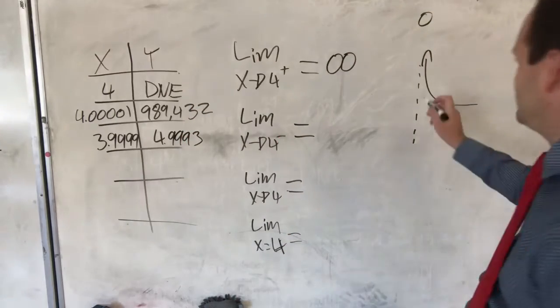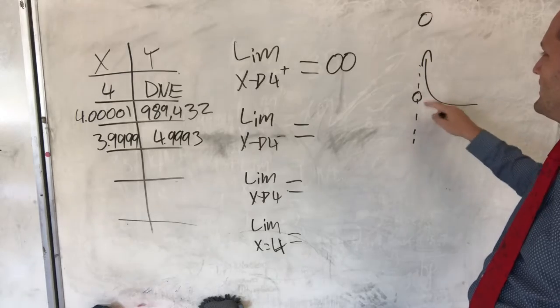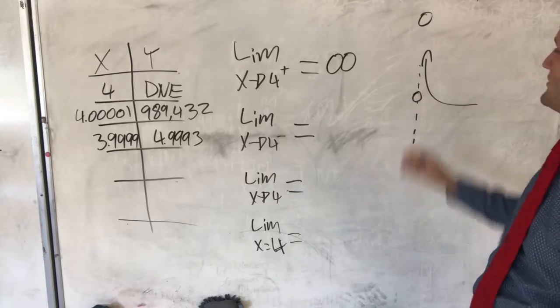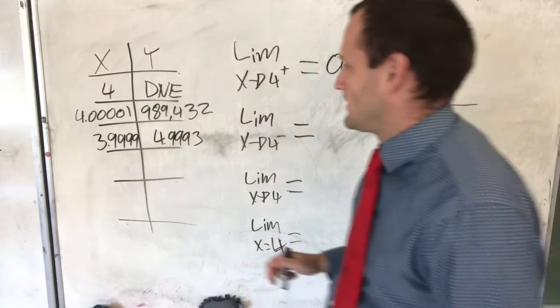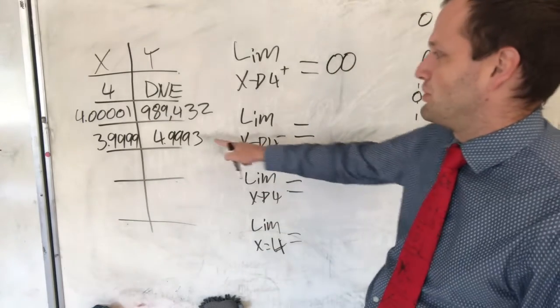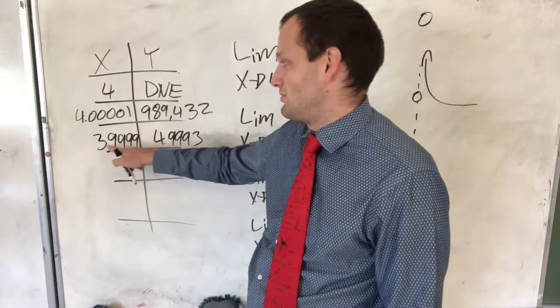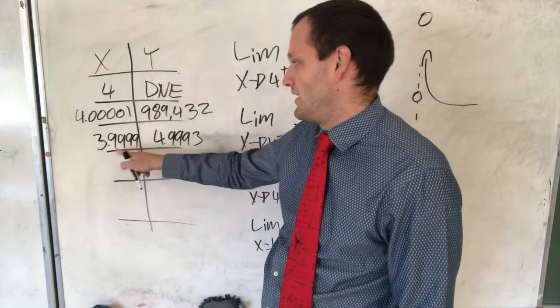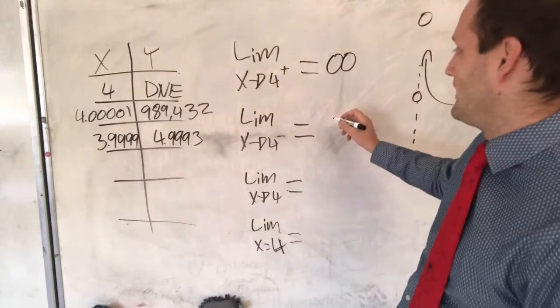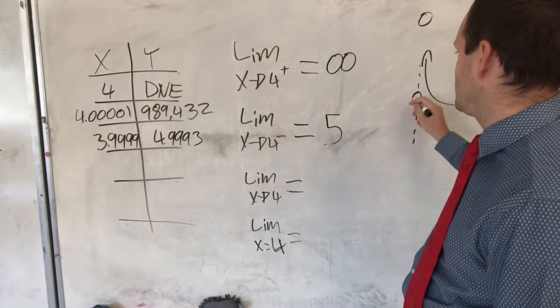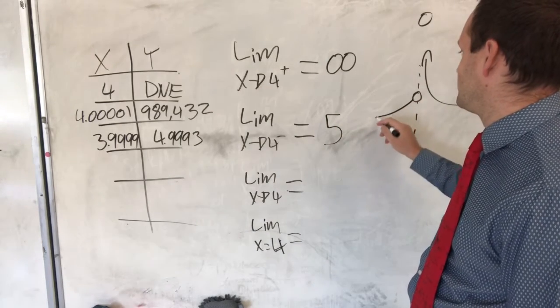What? So there's a hole right there. That's interesting. So it looks like it's approaching 5 from the negative side. As we're coming up on 4 from the negative side, looks like we're getting close to 5. Probably comes off like this.